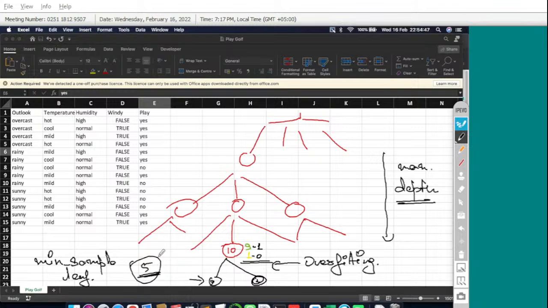We can change this number, but we can specify some minimum threshold to avoid overfitting. So the maximum depth and the minimum number of samples can be limited in order to deal with the overfitting scenario in decision trees.